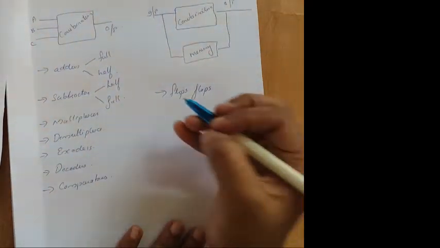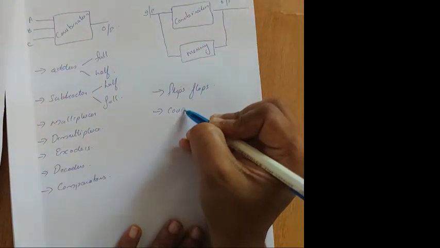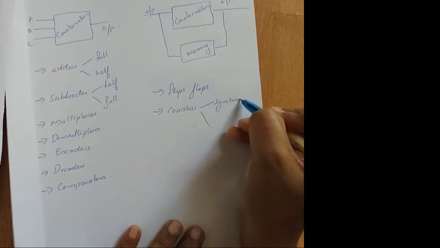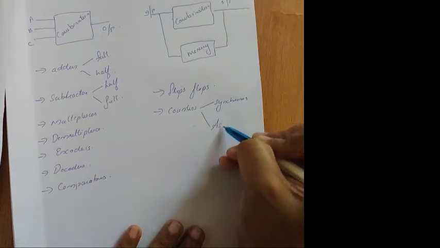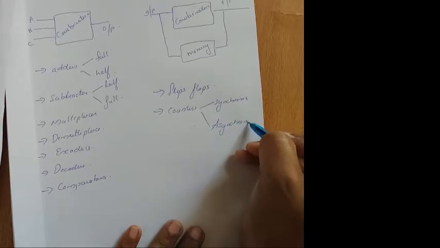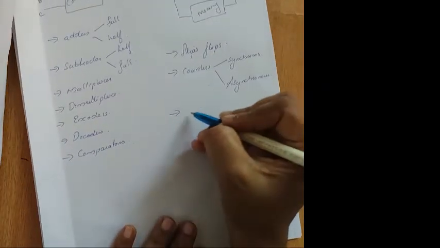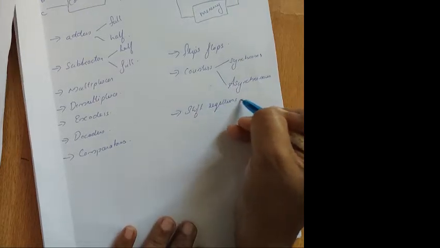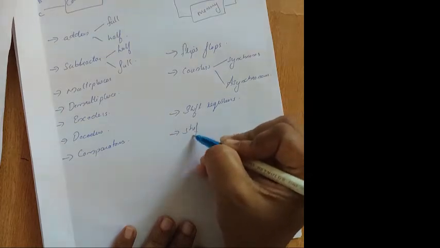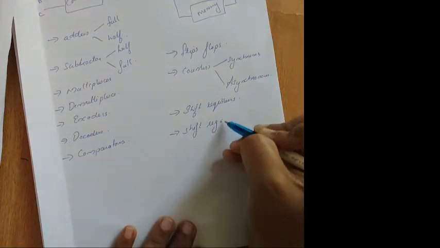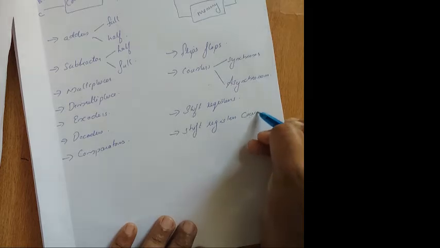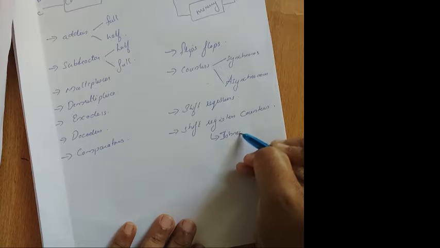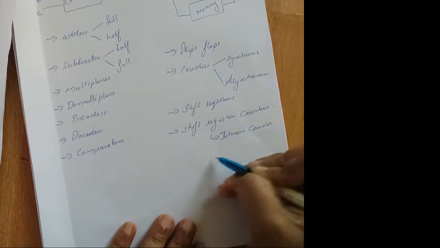Then come counters, classified as synchronous and asynchronous counters. Then come shift registers and shift register counters, which are the Johnson counter and ring counter.